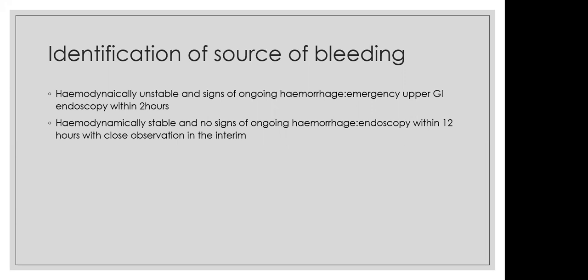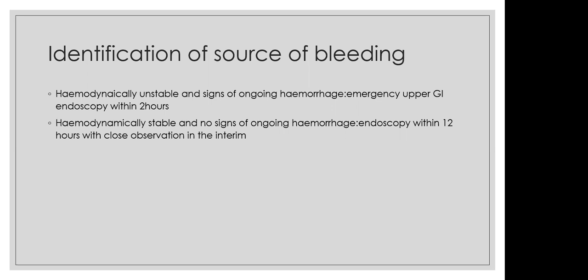All right, while you're still resuscitating your patient, you need to keep in mind that you need to identify the source of the bleeding. Patients who are hemodynamically unstable and have signs of ongoing hemorrhage will need an emergency upper GI endoscopy within 2 hours.